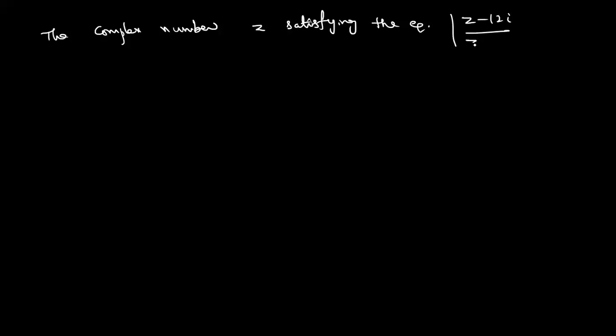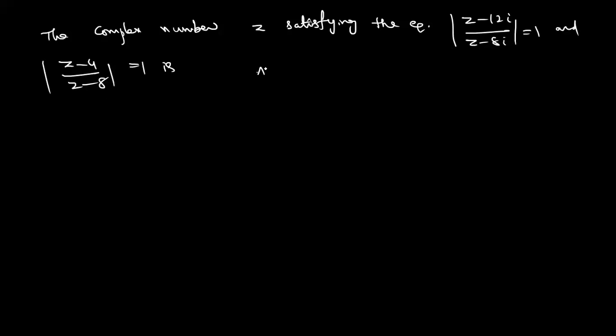Find the complex number z satisfying the equation (z minus 12i) by (z minus 8i) is equal to 1, and (z minus 4) by (z minus 8) is equal to 1.